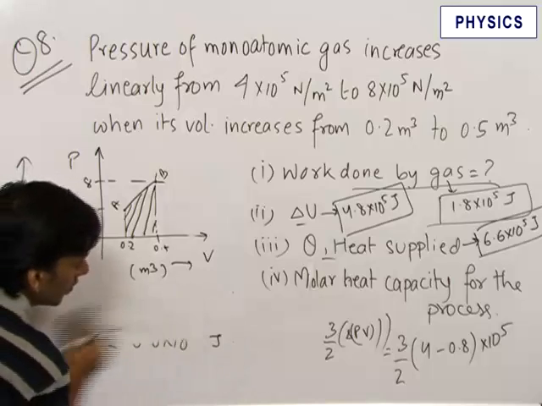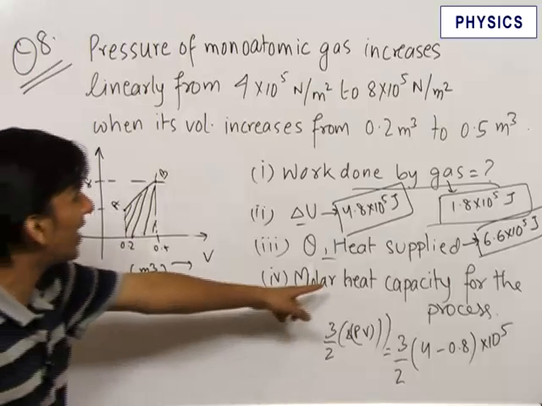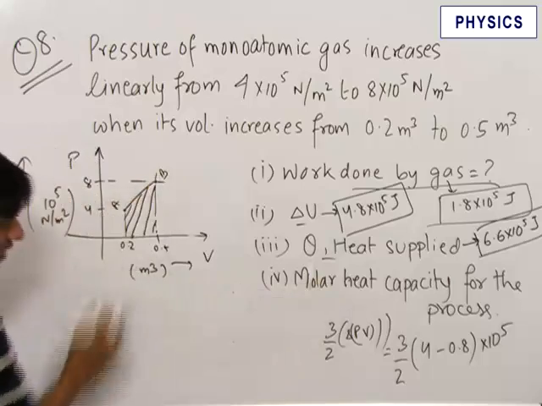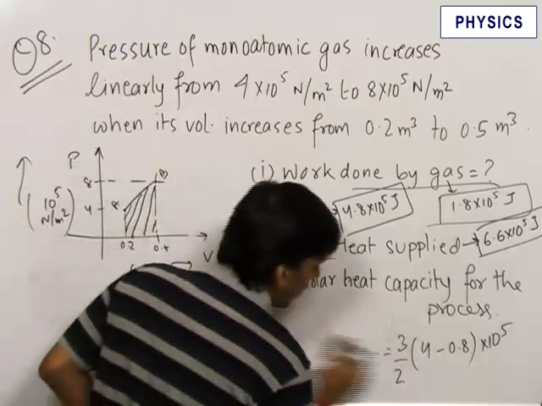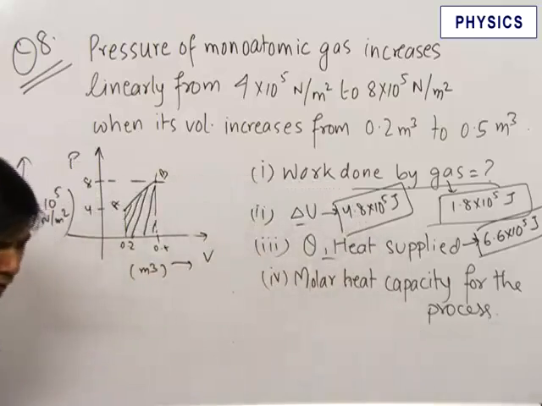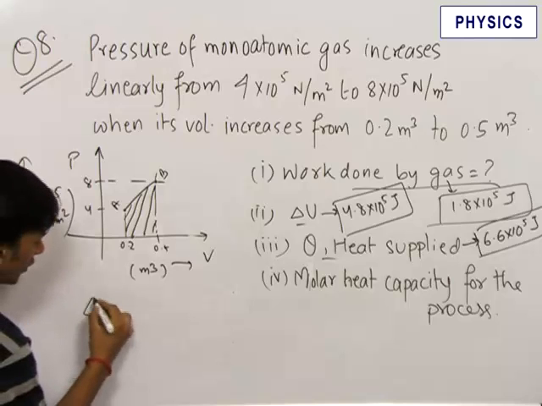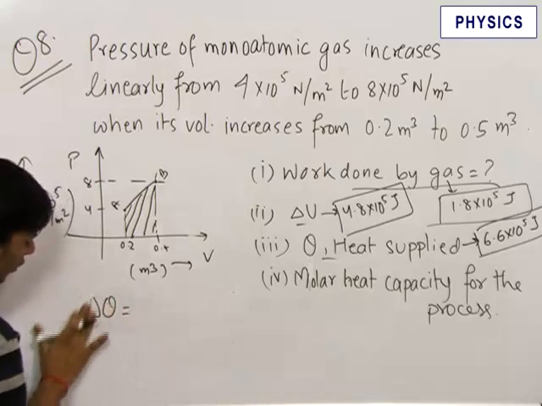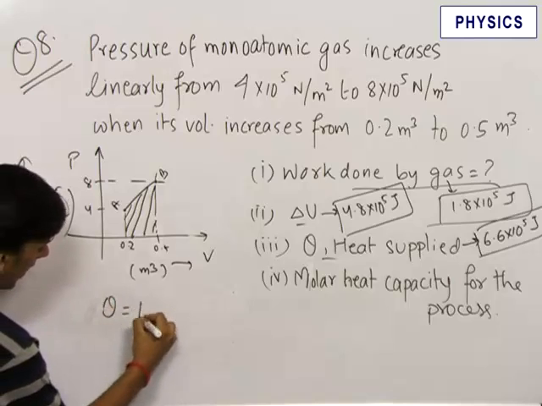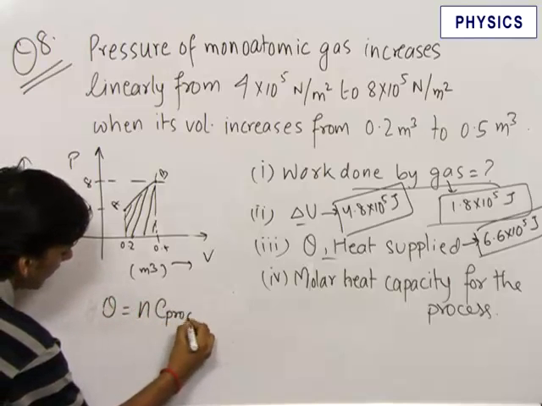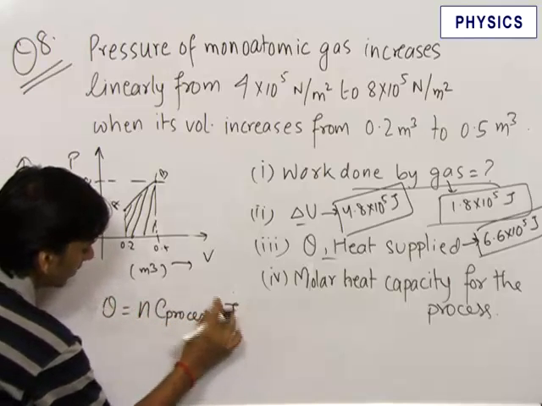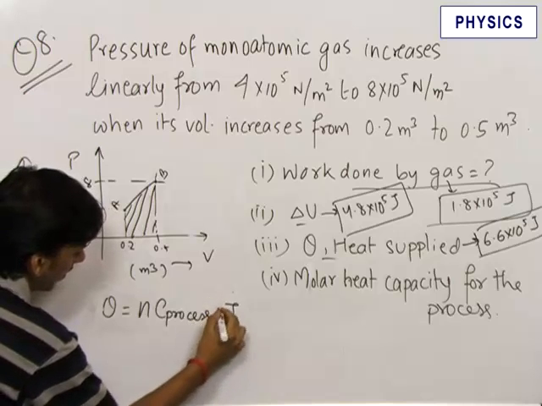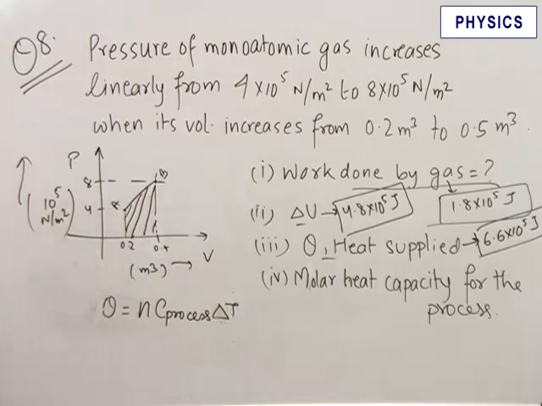Now we need to find out the molar heat capacity of the gas for this process. So for any process, we know that heat can be written as Q is equal to n C process delta T. This is always true.